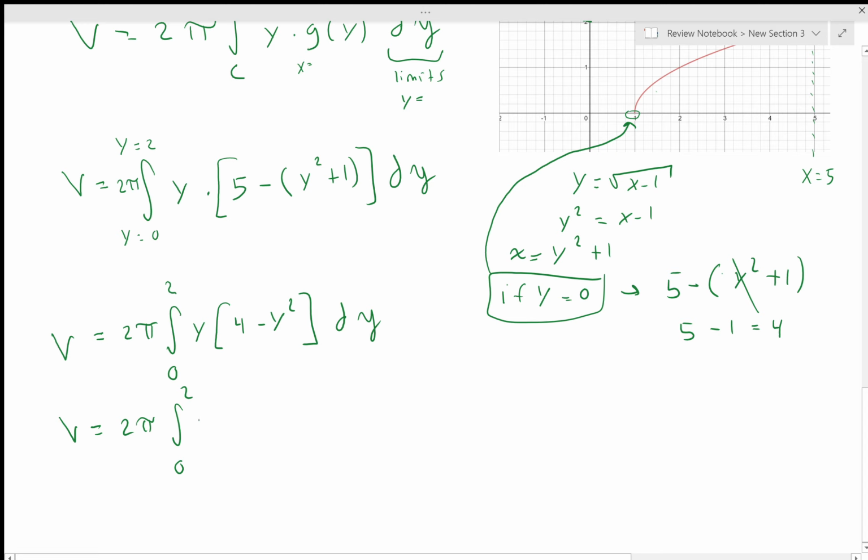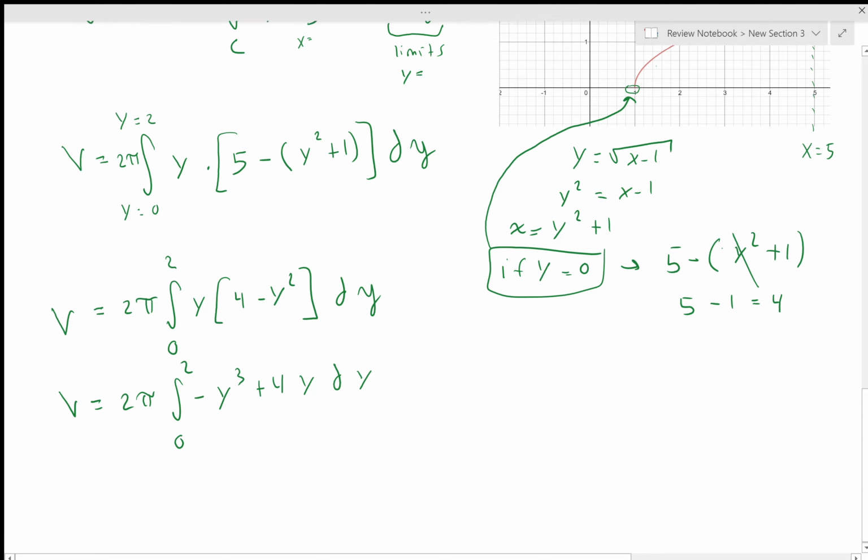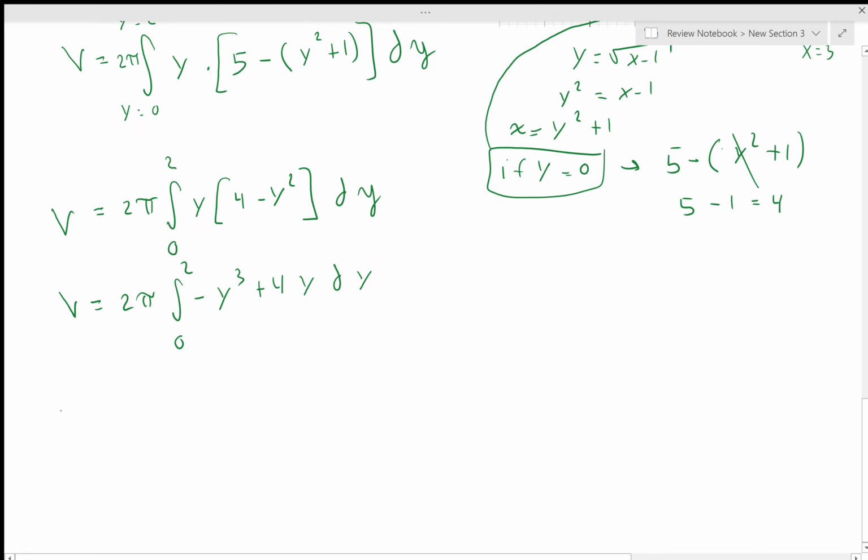So I'm going to have negative y to the third plus 4y dy. Moving it on, let's get our antiderivative here.